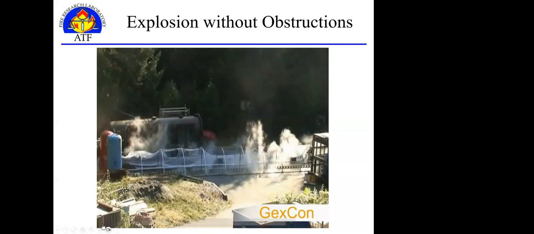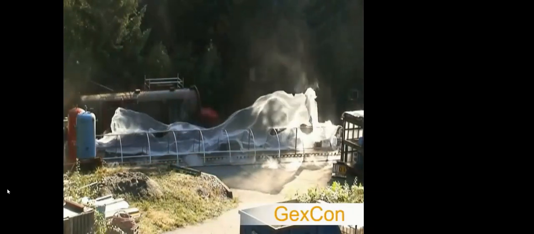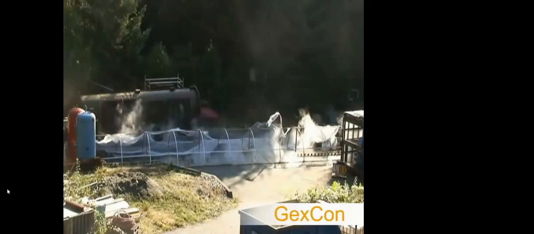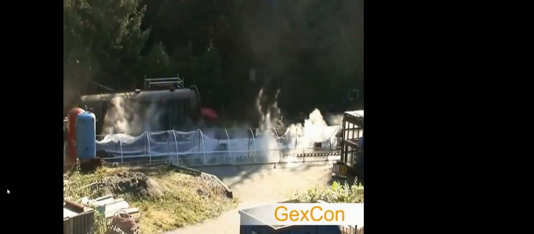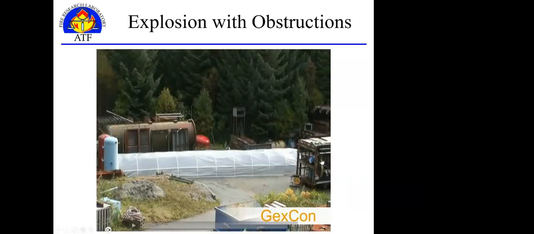We'll play that again just because it's kind of short. It's a relatively fast reaction, but not ungodly fast, not super quick. But if we now fill this tunnel with obstructions, notice the difference in how fast that reaction takes place.